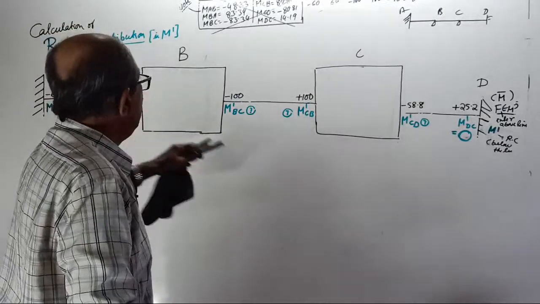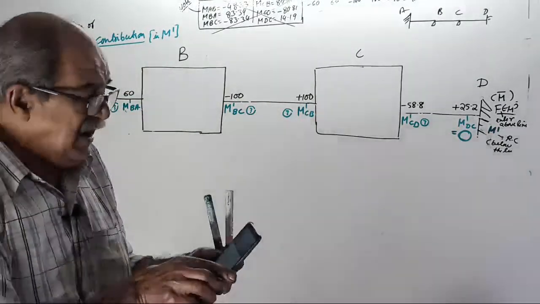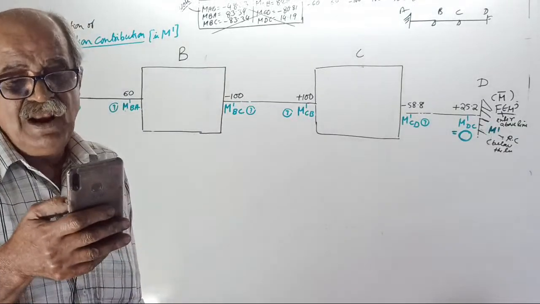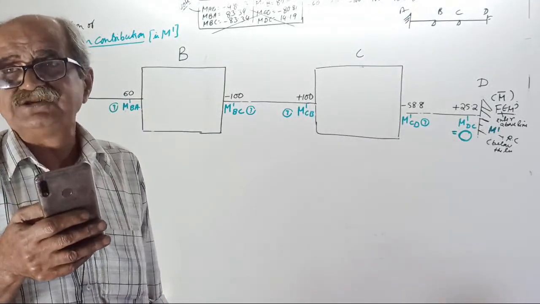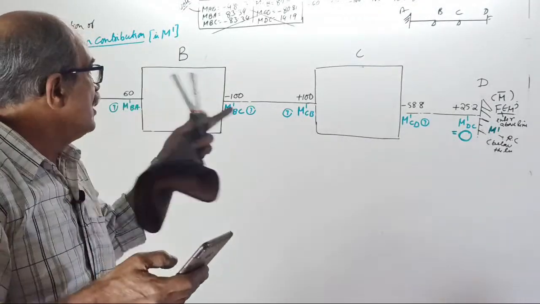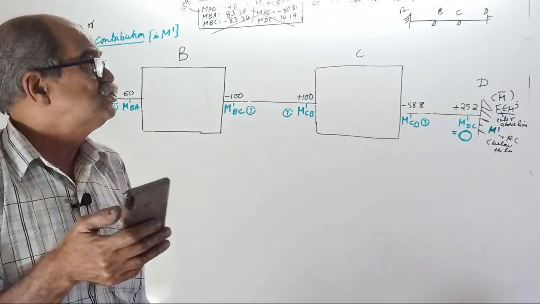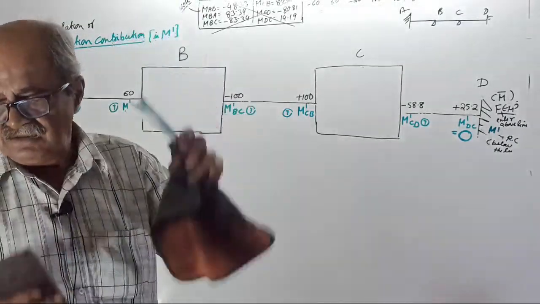At A and D, no calculation, 0. Tell me, fully clear? I will not explain this one. Tomorrow when I continue your course in Zoom for the next problem, I will not explain this one.